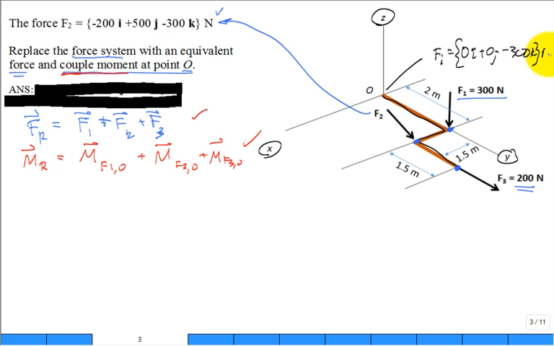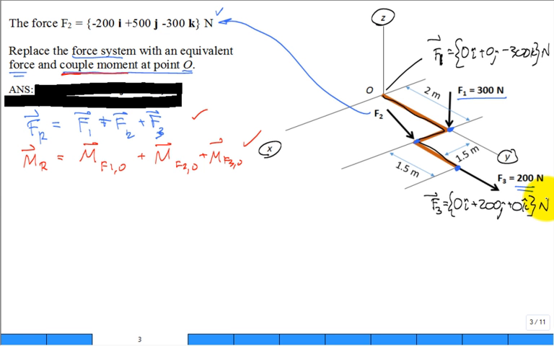Units of Newtons, there's a vector for force 1, right? Do you agree? Okay, how about force 2 or force 3? So it'll be 0 in the i, 200 newtons in the j, 0 in the k, newtons.